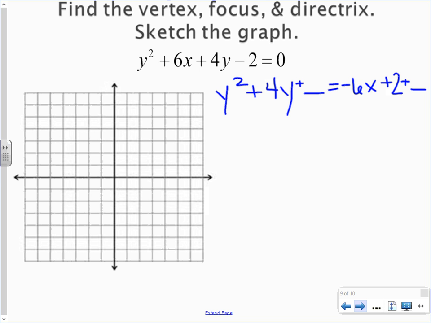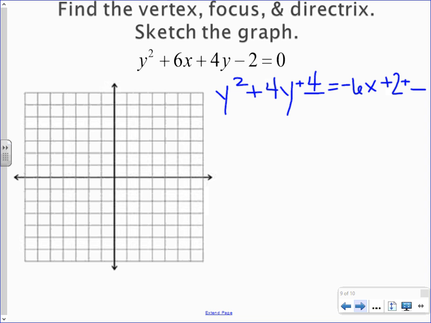Nicole, what completes our square? Since this is the y squared right here, b would be the 4. Good.